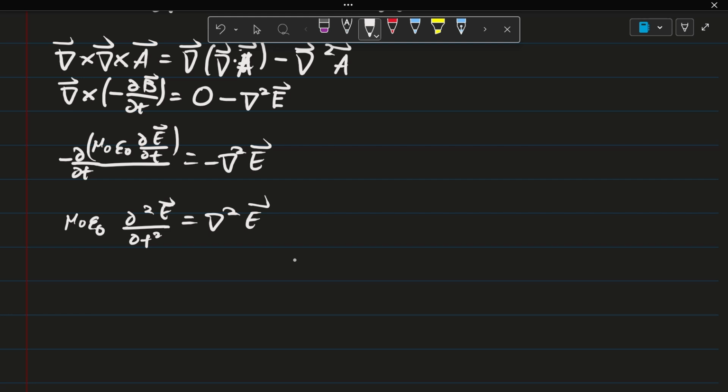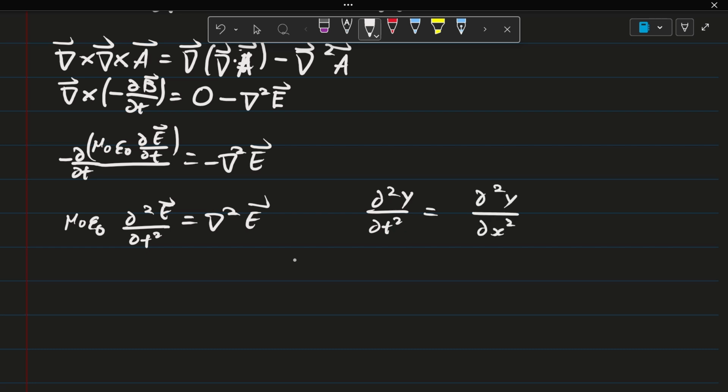Now, this might not seem to be quite interesting, but we have already discussed waves, in which we have this relation. So when we deal with waves, something that we obtained was the partial squared over partial t squared of, let's say, y is equal to the partial squared y over the partial x squared.